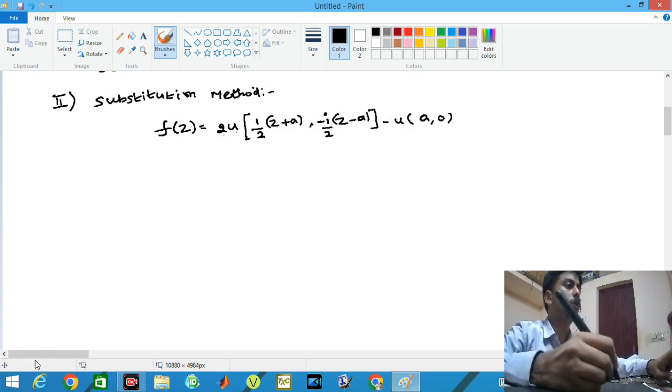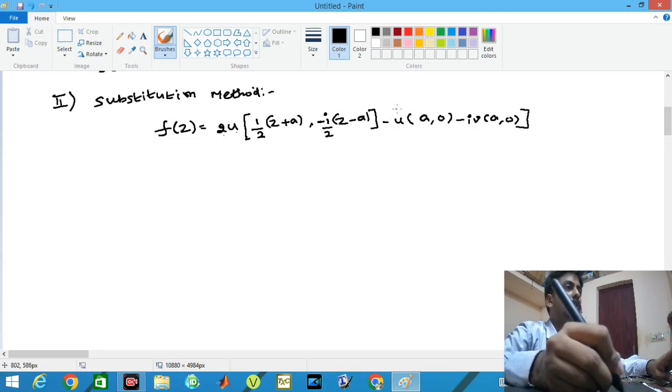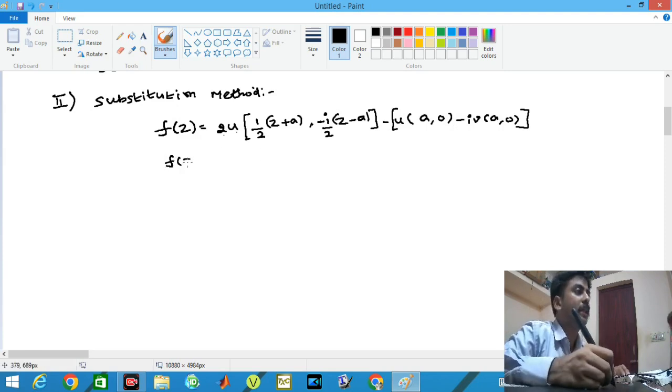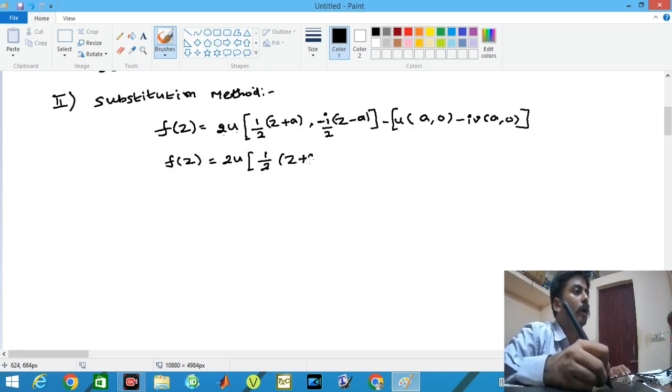So we are having minus u of a comma 0 minus i v of a comma 0. Okay, so this is a constant. So we can write this as f of z equal to 2u of 1 by 2 of z plus a comma minus i by 2 of z minus a.